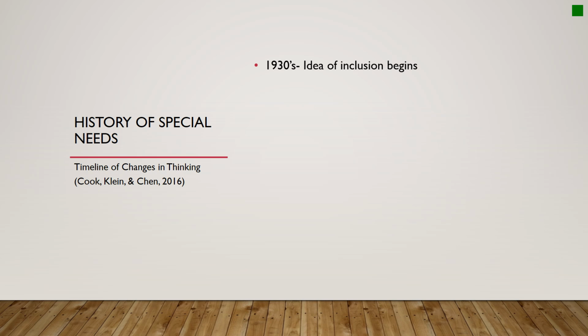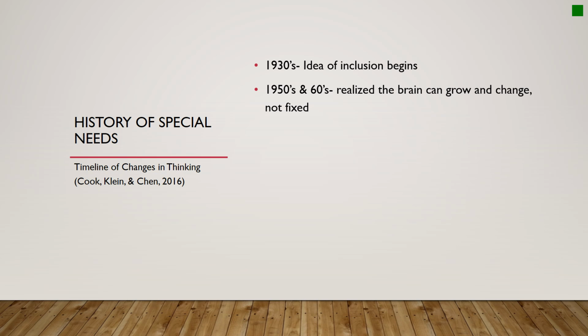So up until that point, most children with special needs were being institutionalized, and you'll get a lot of good experience with that topic throughout the course module. In the 1950s and 60s is the first time that we realized the brain can grow and change and that it's not fixed.